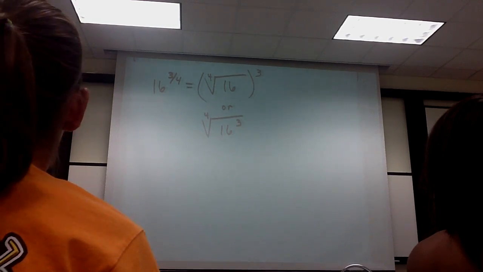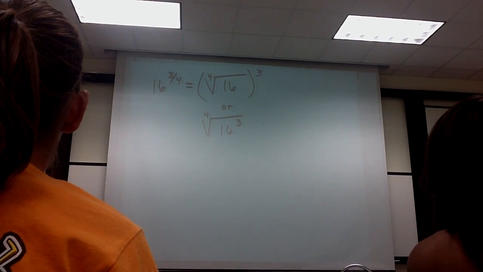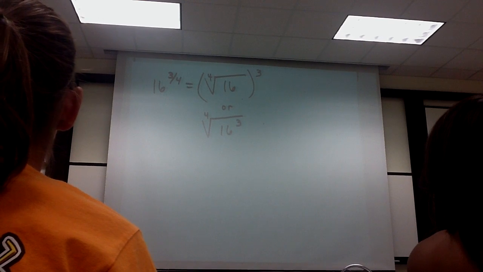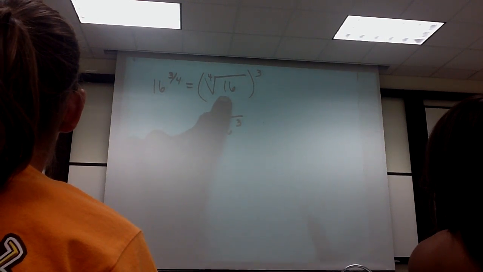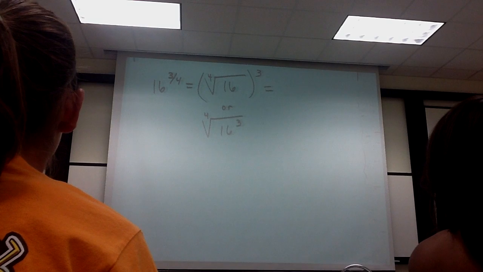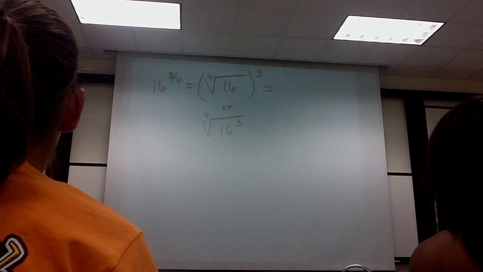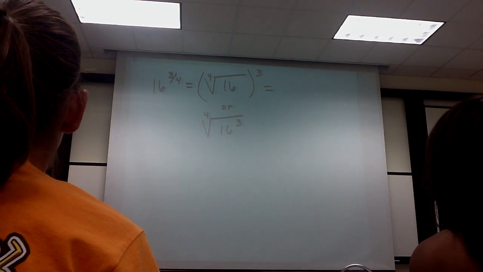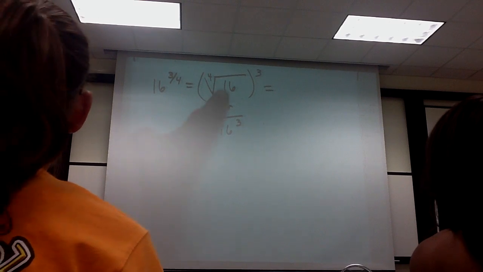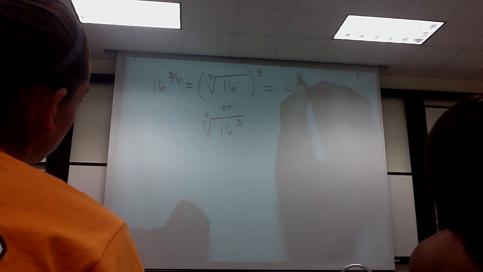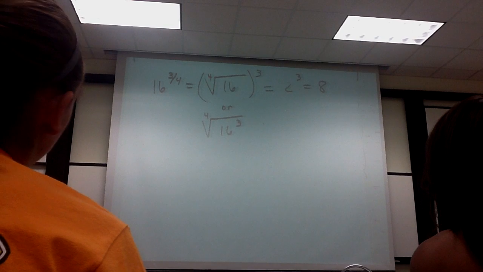Immediately, I'm in the realm of my calculator helping me, and I'm not in the realm of stuff I'm already familiar with. This is in the realm of stuff I'm already familiar with. The 4th root of 16. What can I multiply by itself 4 times and get 16? 2. I'm there. All right, so this means 2 to the 3rd, and that means 8.